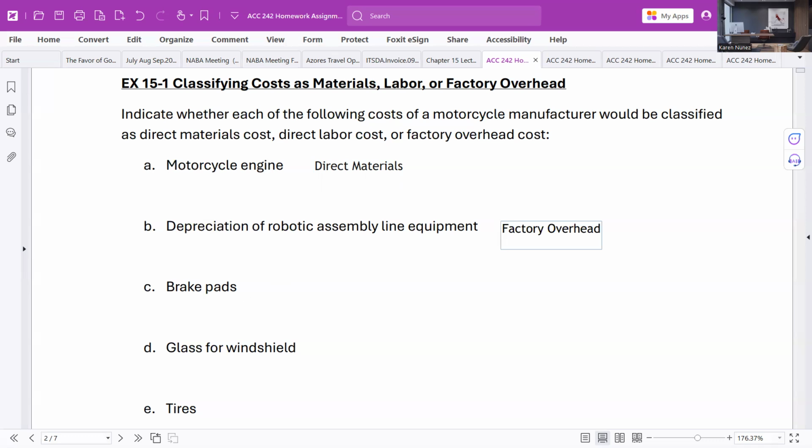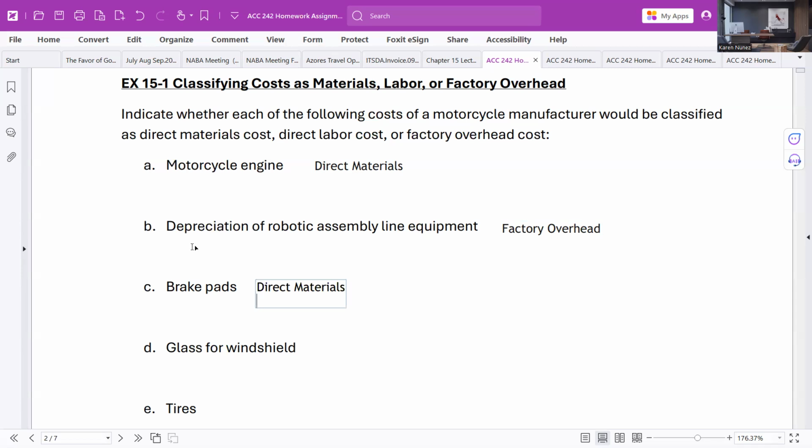And then we've got C, the brake pads. The brake pads are going to be used on the motorcycle. Well, that's going to be a material that you can trace to the motorcycle. That's going to be a direct material. The brake pads are going to be traceable to that cost object, that motorcycle. And then D, we're going to have glass for the windshield.